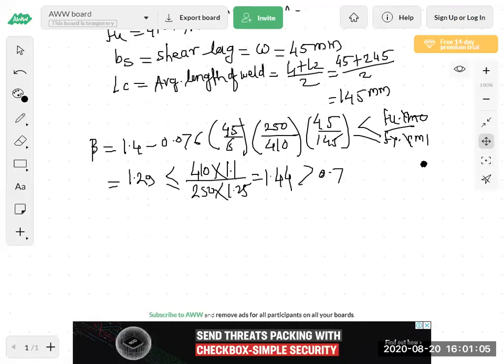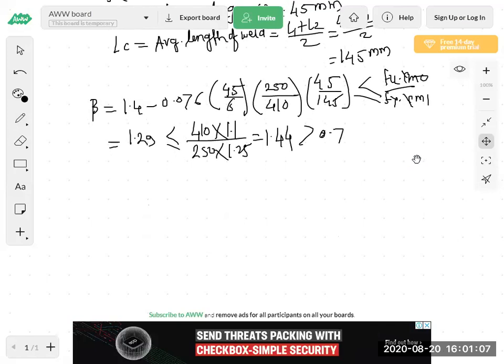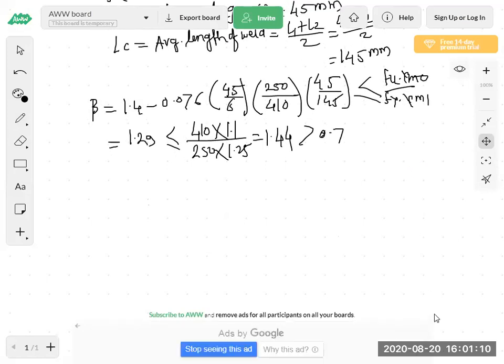Now we got the value of beta. Then calculate the TDN. So 192.66. Okay, so tell me first the values. 0.9 into ANC.